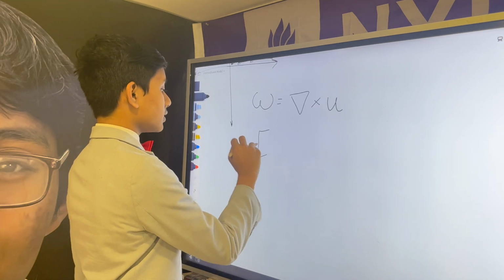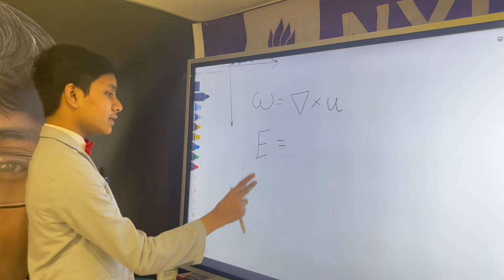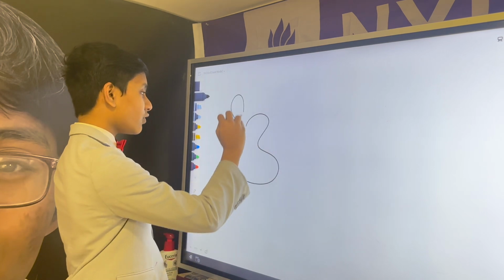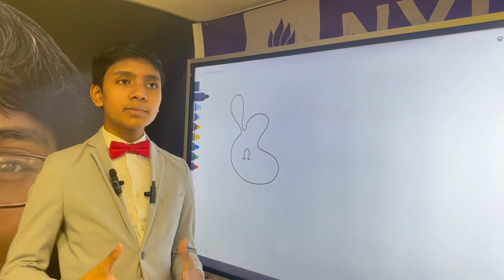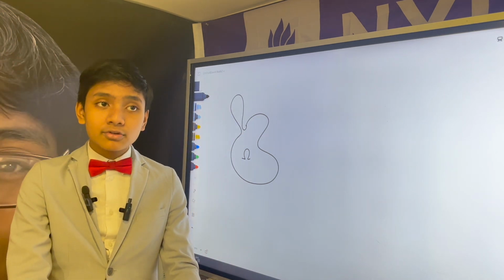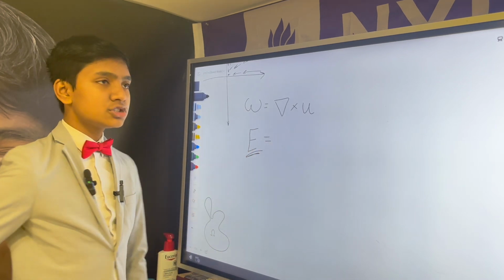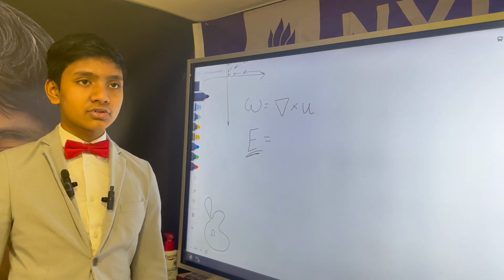And of course, the distortion matrix tells us how distorted, if we have an initial material volume omega, which is composed of a bunch of fluid particles, and we throw it into the liquid flow, its shape is after being in the flow for some time.